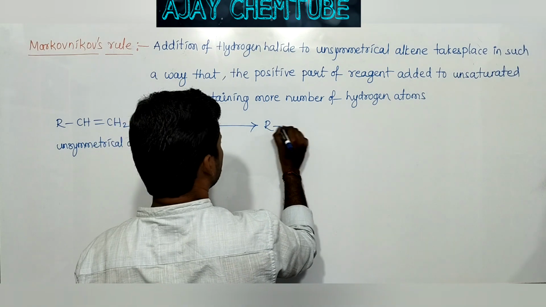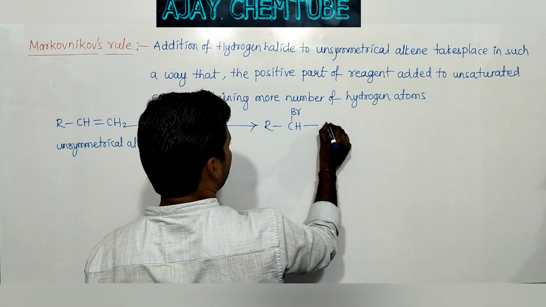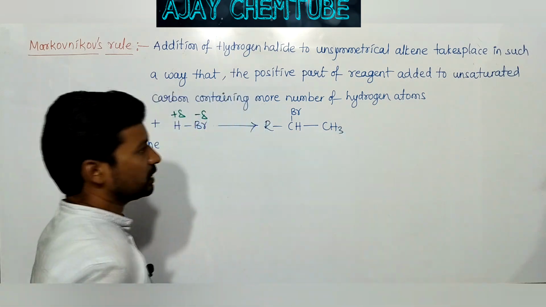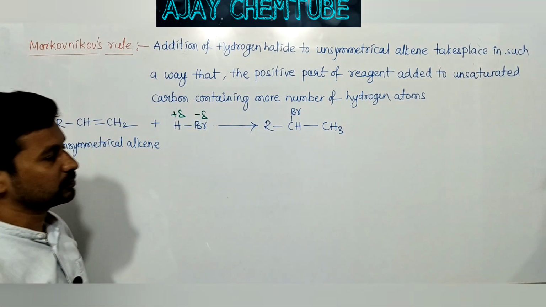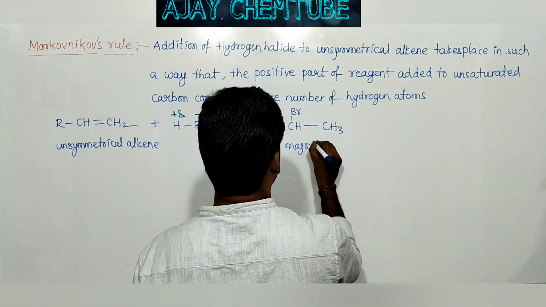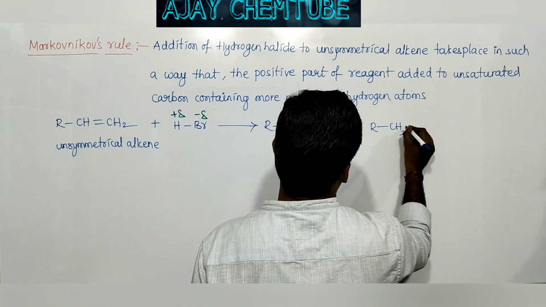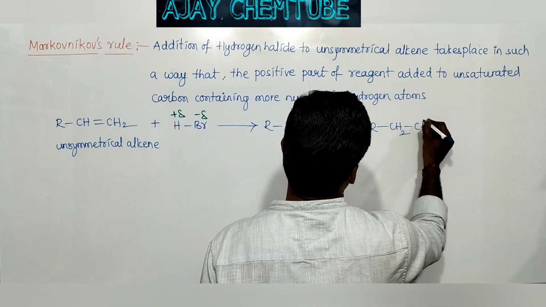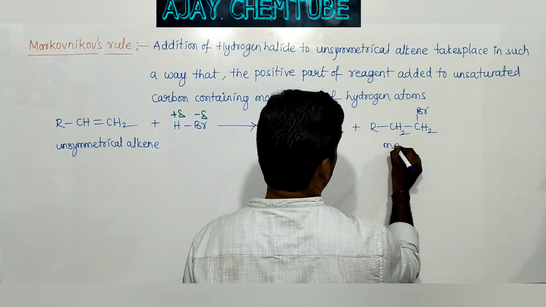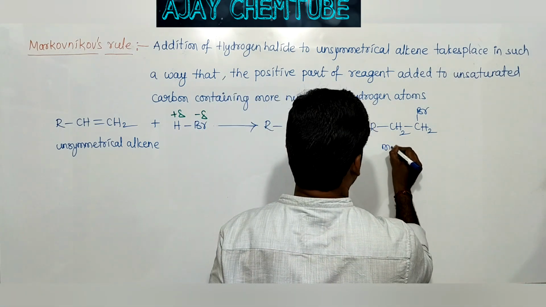So RCH, here bromine is added. The double bond becomes a single bond. This CH2, here hydrogen is added, so CH2 becomes CH3. That is the major product. Of course, another product is also formed, that is CH2Br, this is minor. The anti-Markovnikov product also results, but minor.